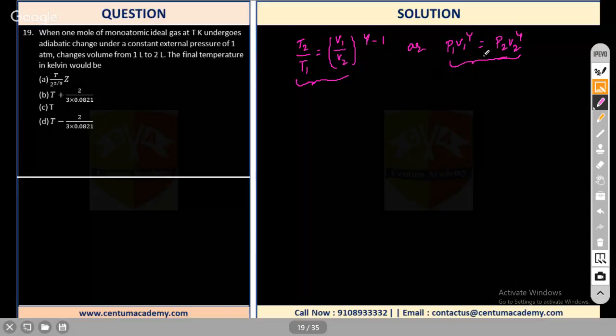According to the question, it has constant external pressure. P1 and P2 are constant, and that ratio is equal to 1. So P1, P2 get cancelled, and we get V1 is equal to V2. And then we get T1 is equal to T2.